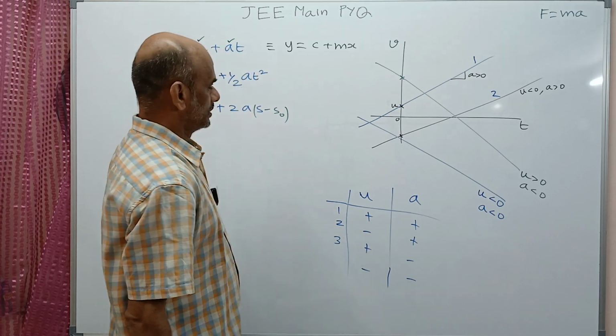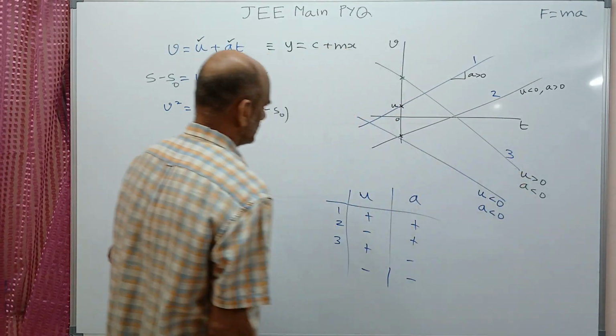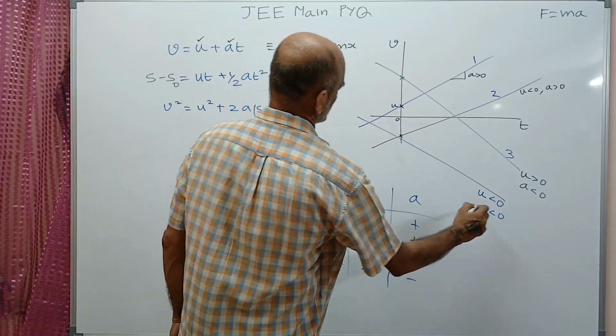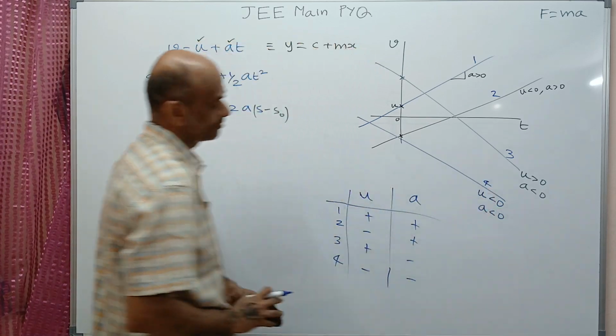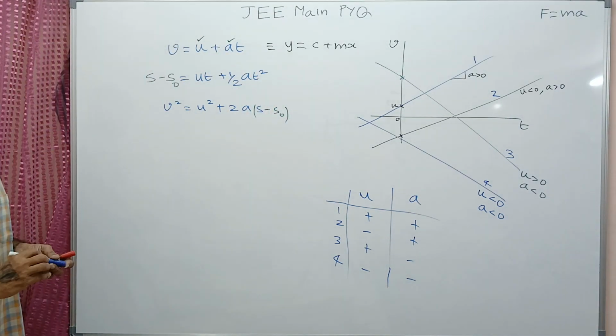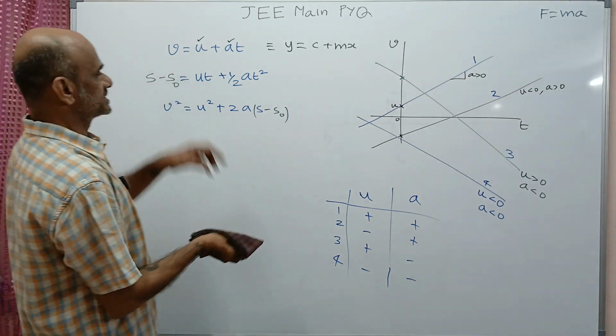Third case, u is positive and a is negative. And this is the fourth case, where both are negative: u is negative with a downward slope. This is for uniform, constant acceleration. So this is the graph corresponding to the first equation of motion.